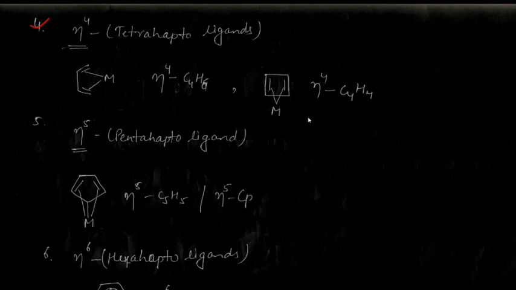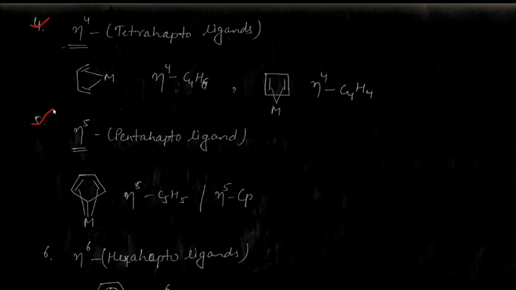Also, cyclobutadiene is an example of an eta 4 ligand, and it is represented as eta 4 C4H4.